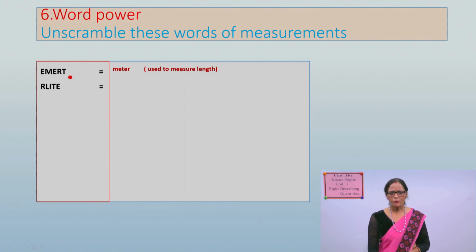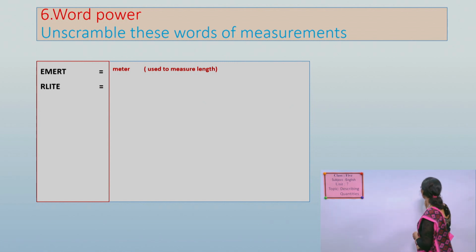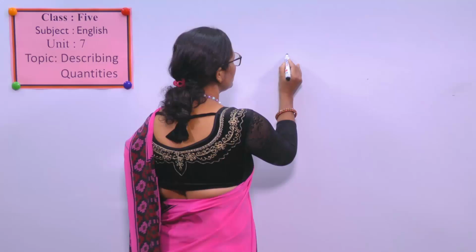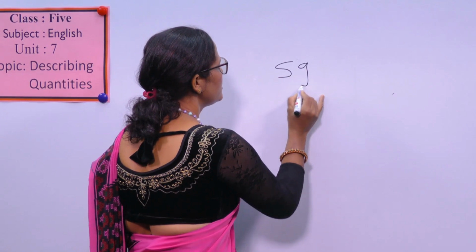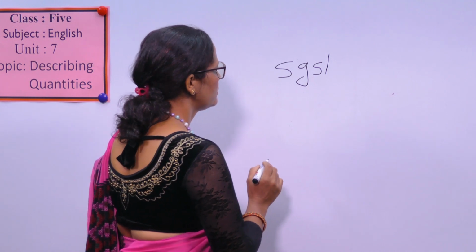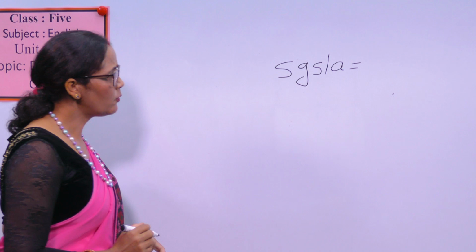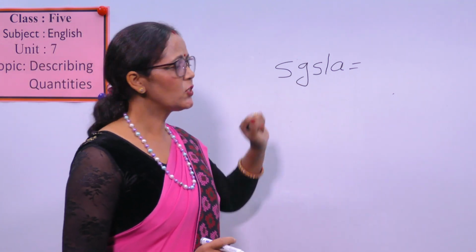Similarly, can we unscramble the word to make a correct measure word? For example, look here. S, G, L, A, S. There is a noun. The spelling is wrong.